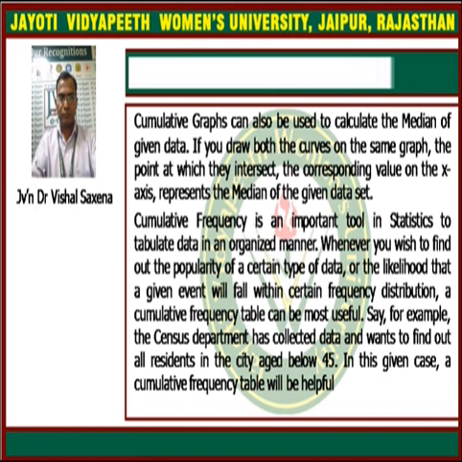For example, the census department has collected data and wants to find all residents in the city aged below 45. We can understand this concept with an example. In this given case, a cumulative frequency table will be helpful. We can understand how with this curve.